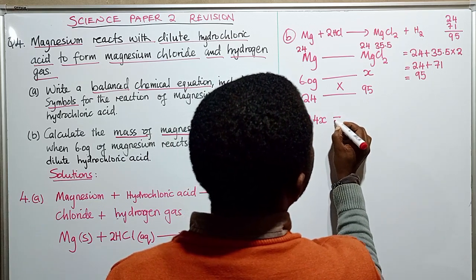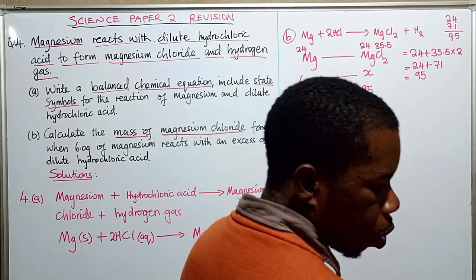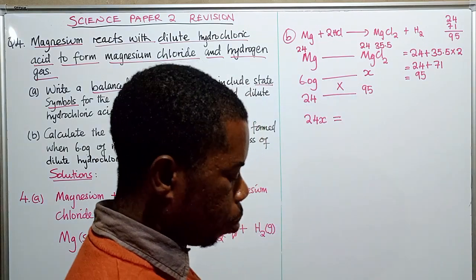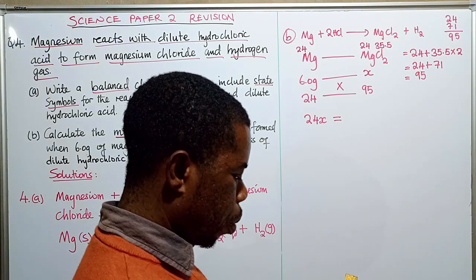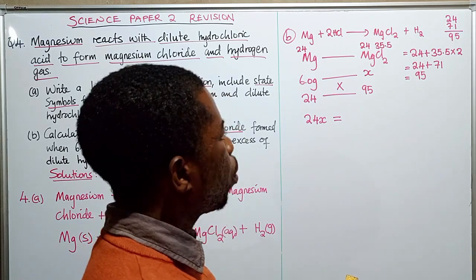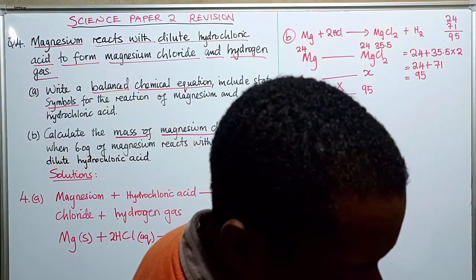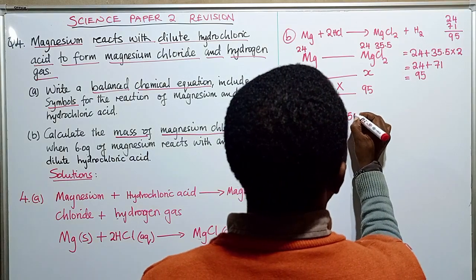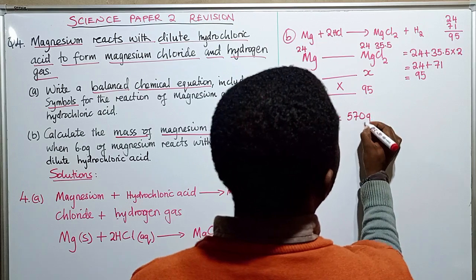Then you introduce an equal sign. You say now 6.0 times 95. So let's make use of a calculator. 6.0 times 95, we are getting 570. Because of this, gram, let's push it here.